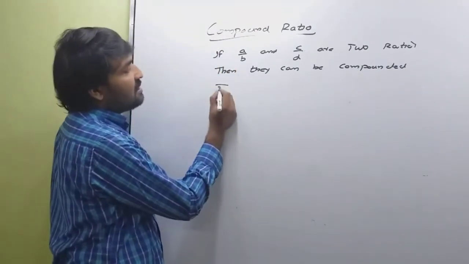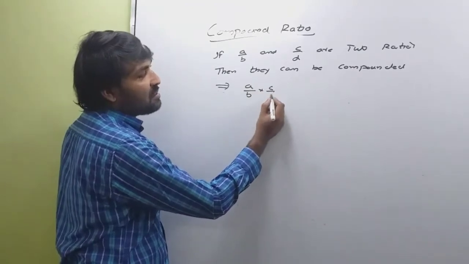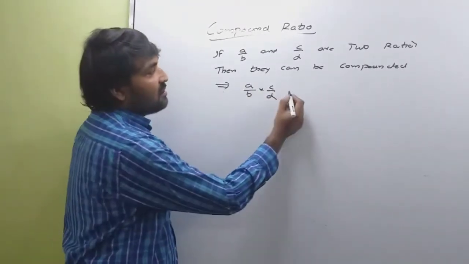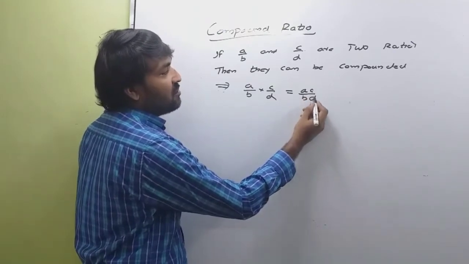That implies A by B into C by D is equal to AC divided by BD.